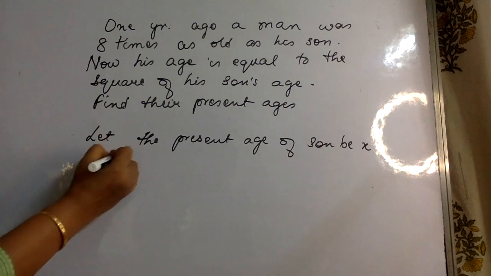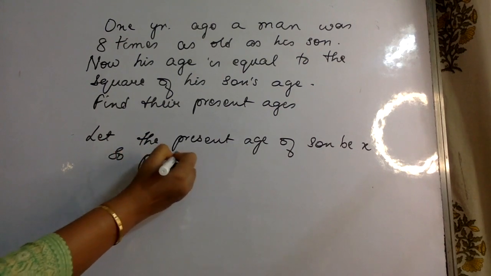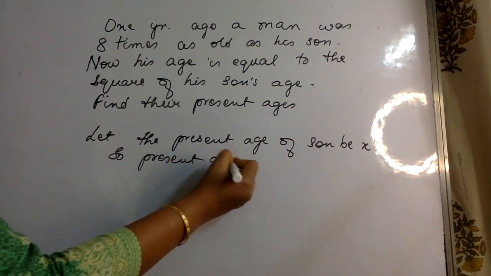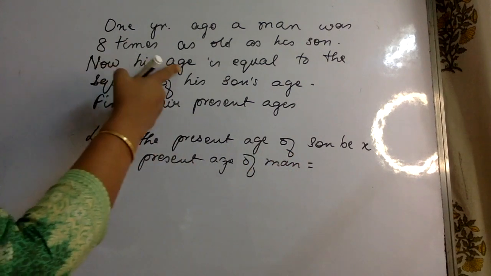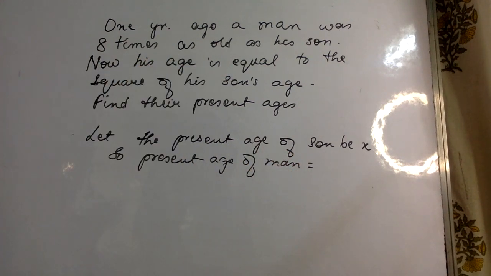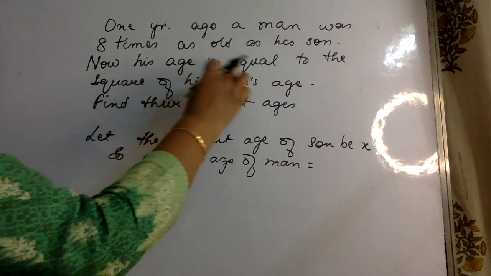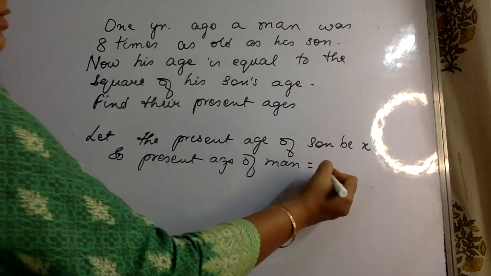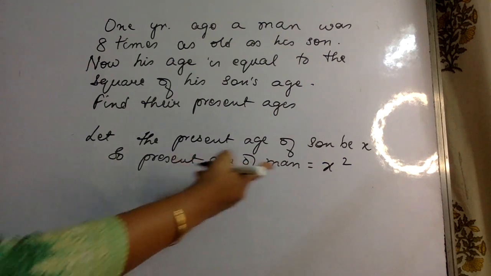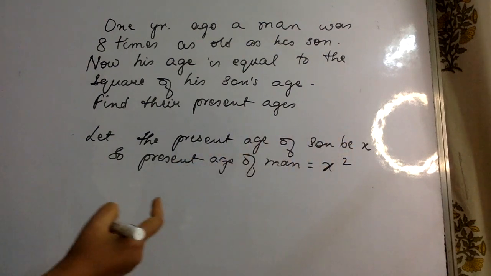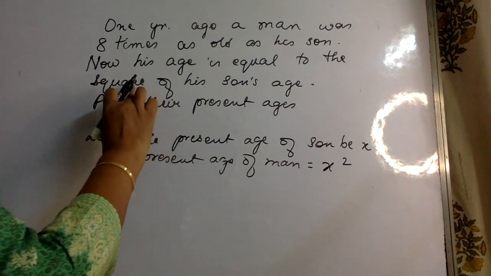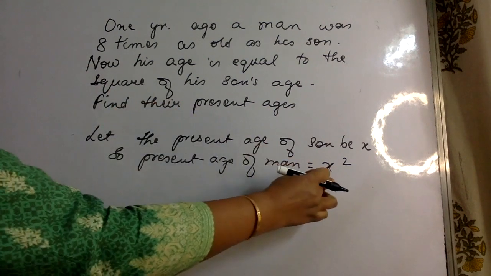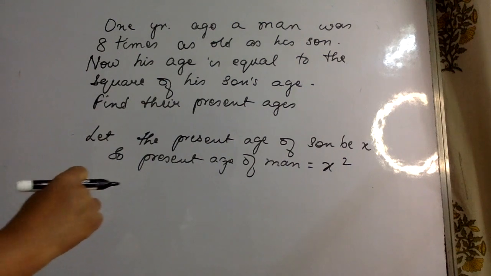Present age of man is equal to the square of his son's age. So always take the present age to be x, and the sum becomes simpler.